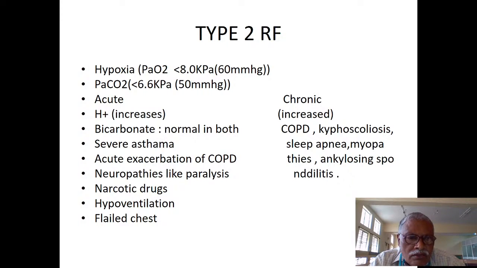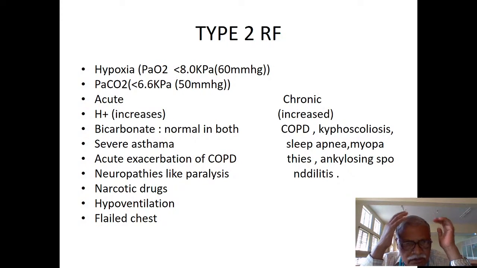In acute cases, the hydrogen ions are increased. Bicarbonate may be normal in both acute and chronic, and it is usually seen in severe asthma and acute exacerbation of COPD.